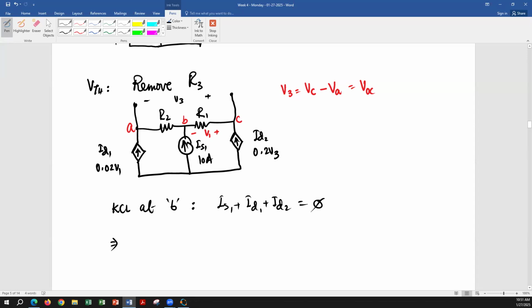V3 is the difference between VC and VA. But the book doesn't call for this. I changed this problem. But we cannot solve the problem if our number of equations is less than the number of unknowns.